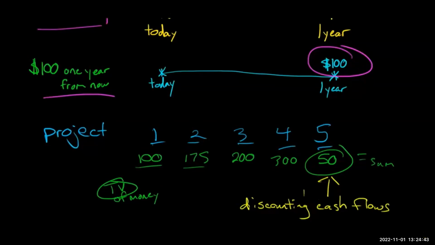So when we talk about discounting cash flows, we're using the time value of money concept and some other formulas that we're going to talk about in other videos to take future cash flows and figure out what they are worth today.